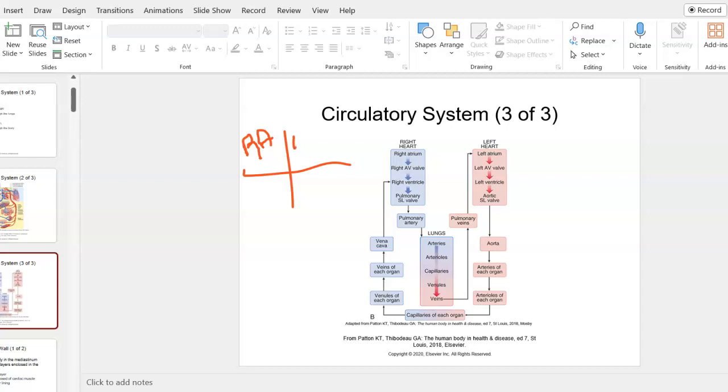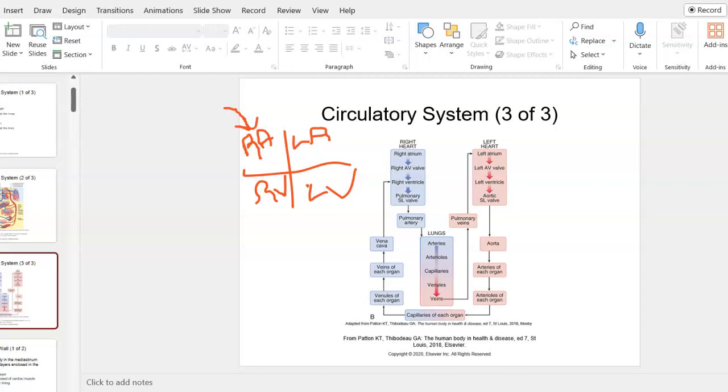Left atrium. This is so much harder to do than I thought. Right ventricle. Oh, I'm so sorry. Yes, right ventricle, left ventricle. Sorry, a little brain fart there. And then I just can't spell things out. So I'm going to slowly tell you what they are.